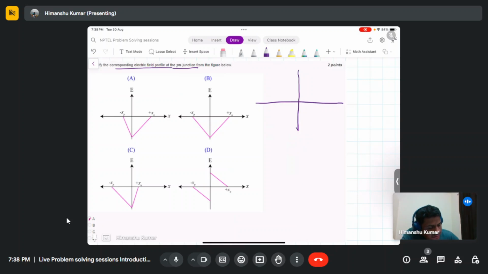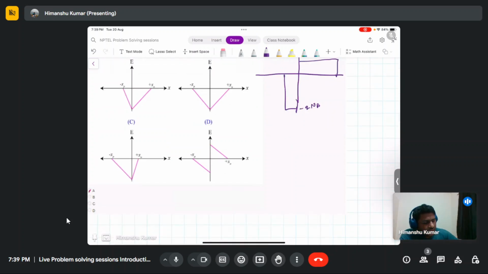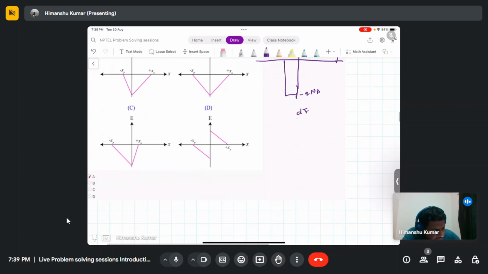This side is larger and is qND, and this is smaller and is minus qNA, because the charge in the P side region will be smaller. And you can apply Gauss law. So basically dE by dx is rho by epsilon, where rho is your charge density.